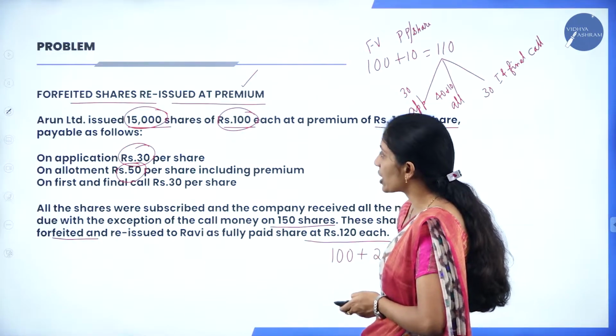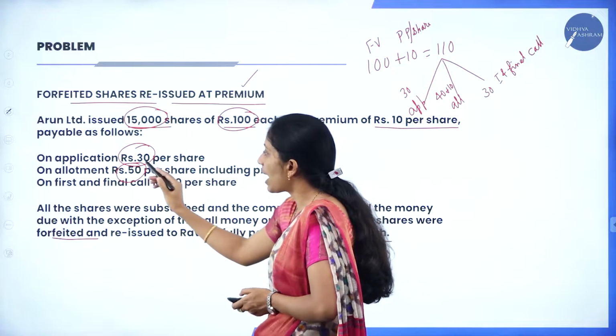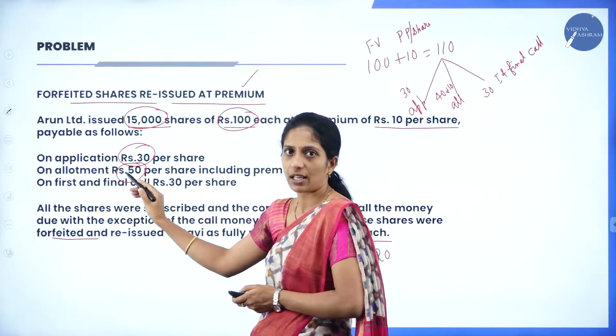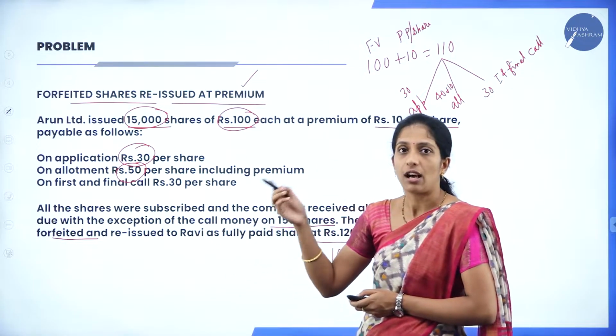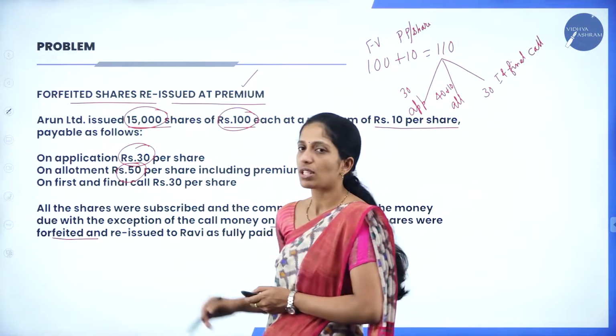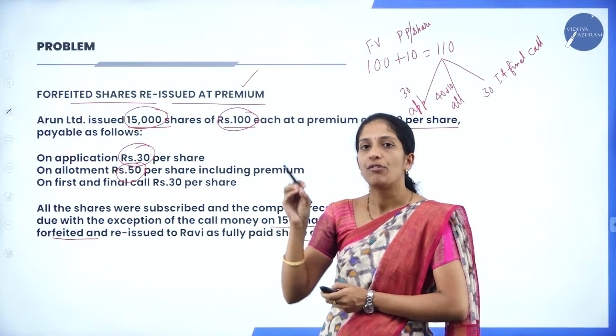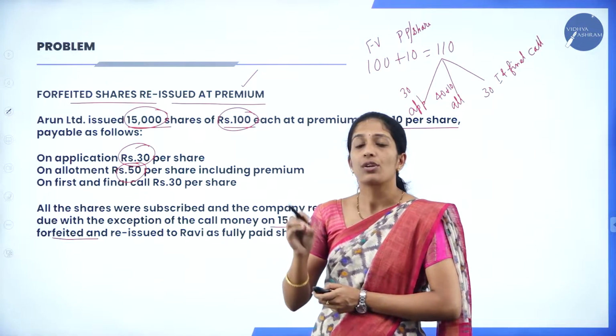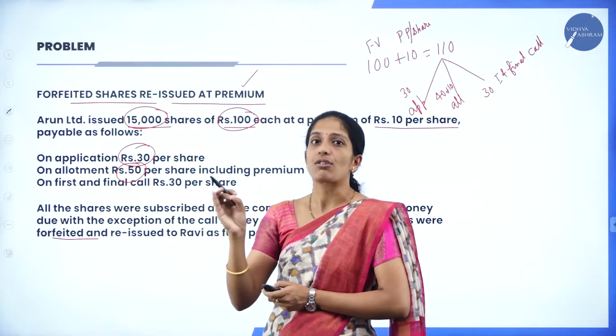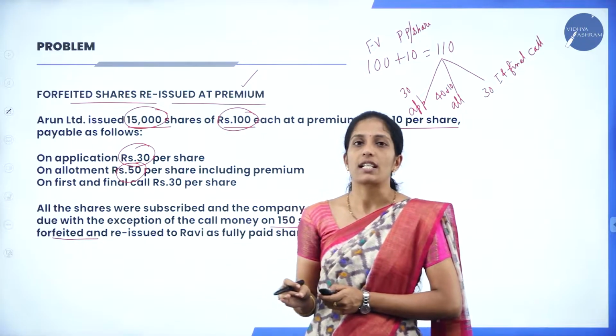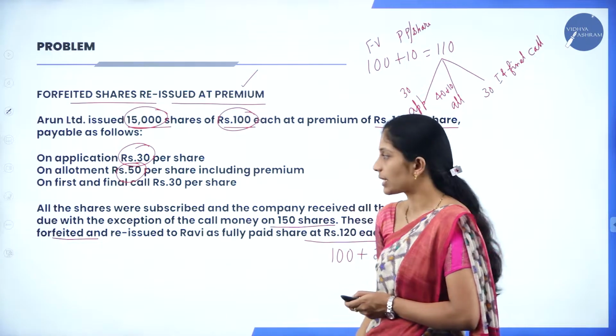Now, what is the number of shares? 15,000 shares. And what is the allotment money? 50. So, how much will be transferred to equity share capital? Equity share allotment account debit 15,000 into 50, to equity share capital 15,000 into 40, to securities premium 15,000 into 10.